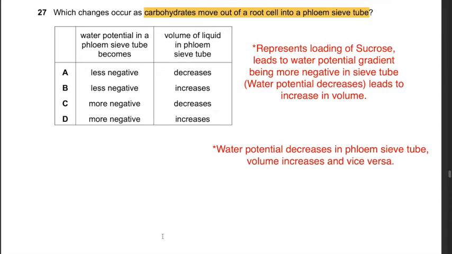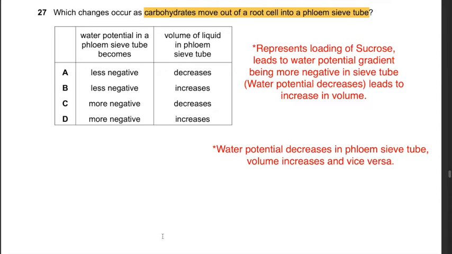Question 27. Which changes occur as carbohydrates move out of a root cell into a phloem sieve tube? Now this process represents the loading of sucrose, which leads to the water potential becoming more negative in the sieve tube as carbohydrates are moved into it. When carbohydrates move into the phloem sieve tube, the water potential decreases. Therefore, it becomes more negative, which leads to an increase in volume.